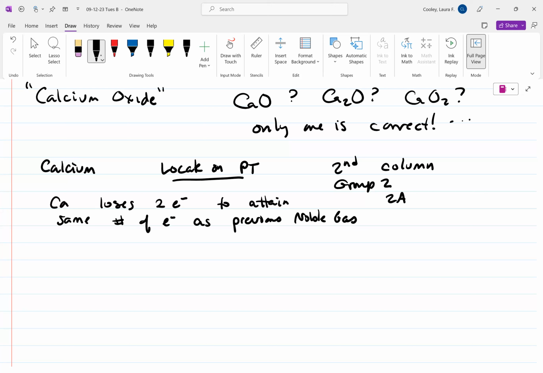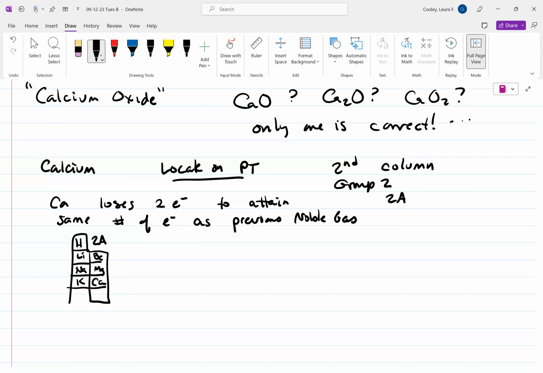Okay. And if you look at the periodic table, calcium, it's over here. Here's beryllium, magnesium, lithium, sodium, potassium.